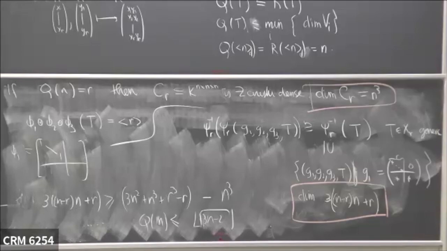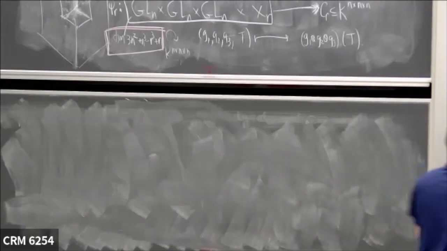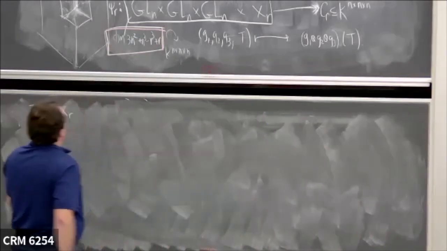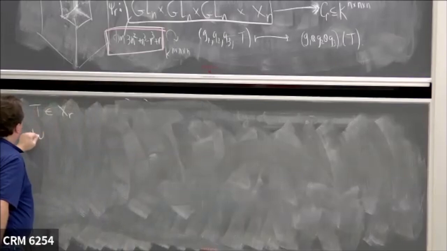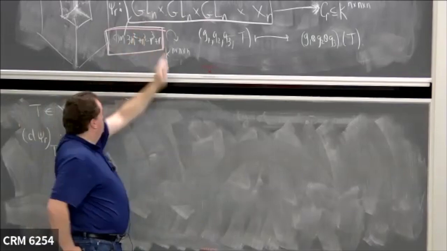So we can choose some generic enough t in XR, and now we can look at the differential at this point t. For the Lie algebra of GLn, the tangent space at identity.